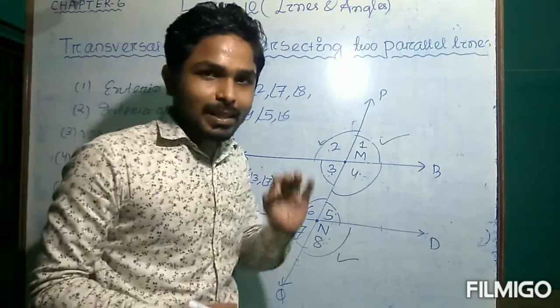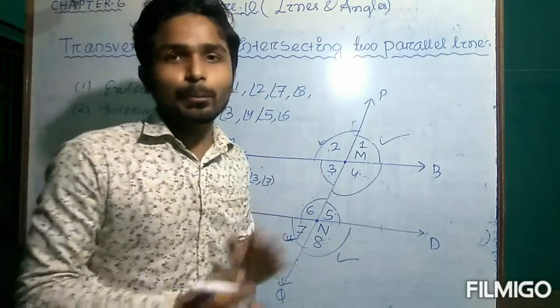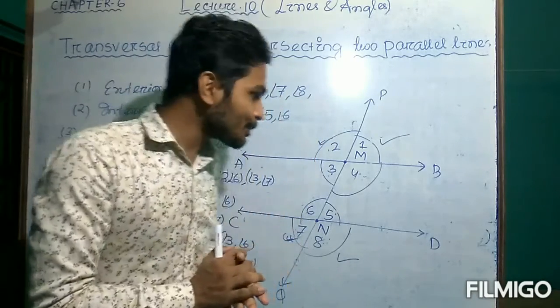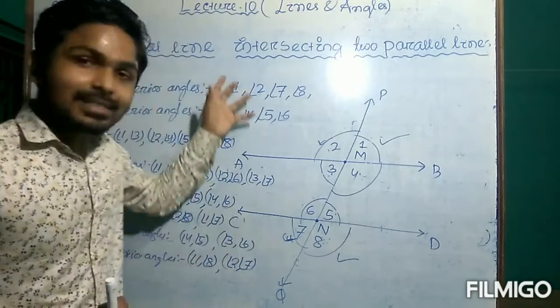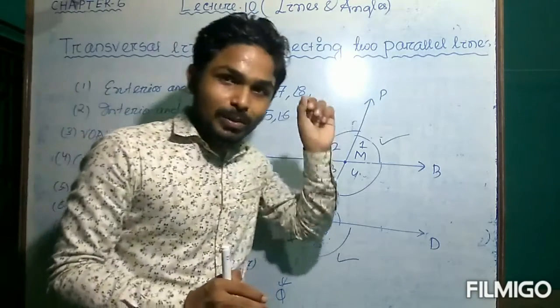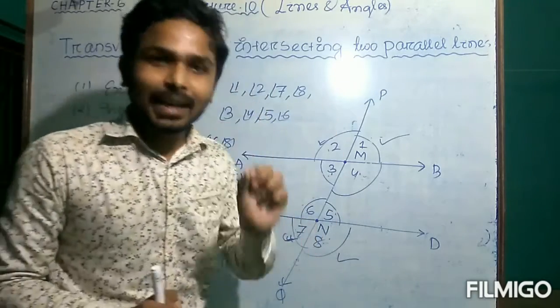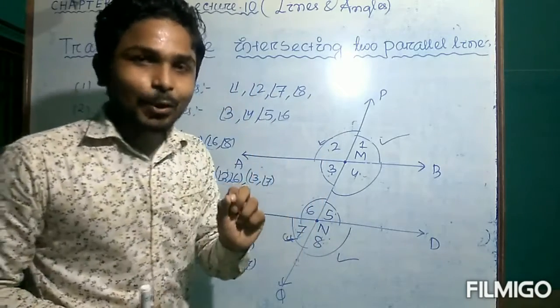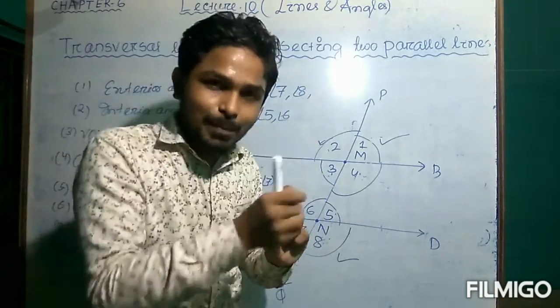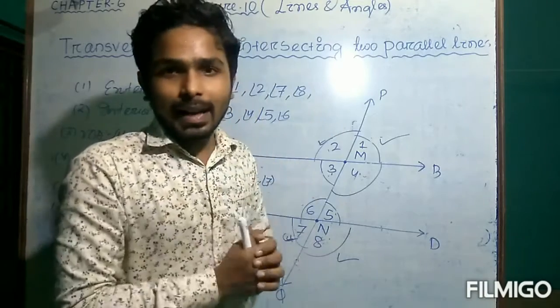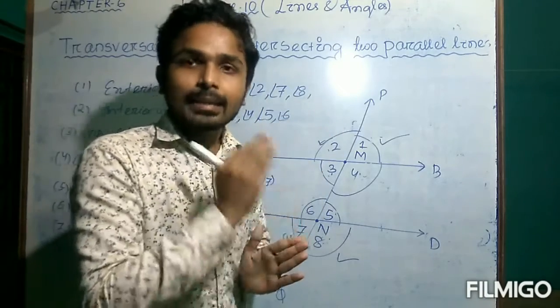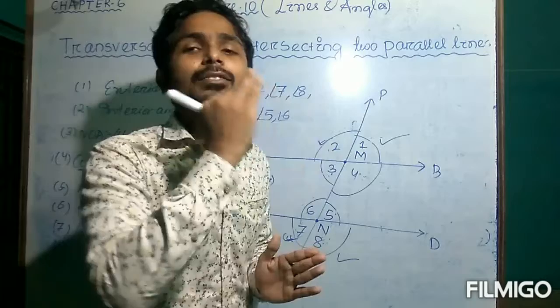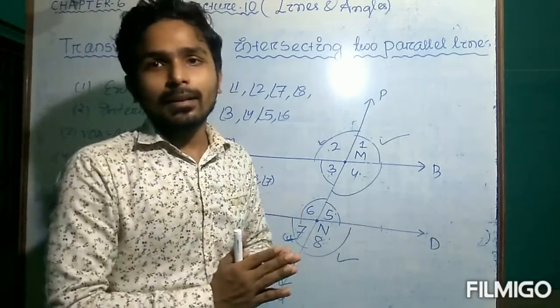Okay. Now we will discuss one more thing that is most important in case of parallel lines: out of those 8 angles that are formed, the corresponding angles are equal. What is it? In case of parallel lines, whenever a transversal line intersects those two parallel lines at two distinct points, then the corresponding angles formed are equal.